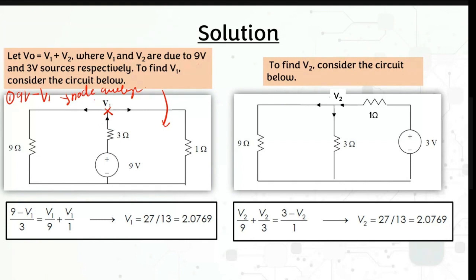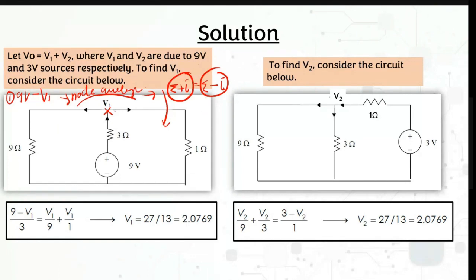The first thing you need to remember for node analysis is to draw your current directions. For this circuit, I draw the current direction this way. In node analysis, the summation of positive current equals the summation of negative current. Positive current is current entering the node, and negative current is current leaving the node.